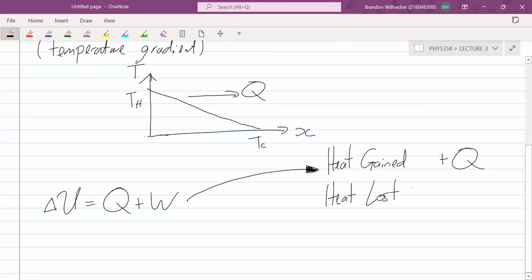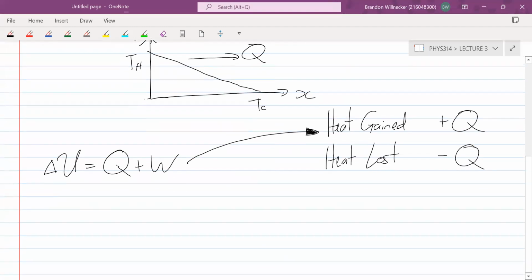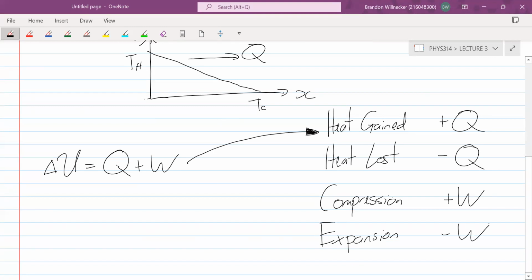Heat lost will be minus because we're losing heat. Okay, during compression, energy is gained in the system. So work done, so W is positive in that case, because it's gaining energy. During expansion, we've got the minus W, because then energy is lost in this expansion. Okay, so just keep this in mind when you're picking your convention.